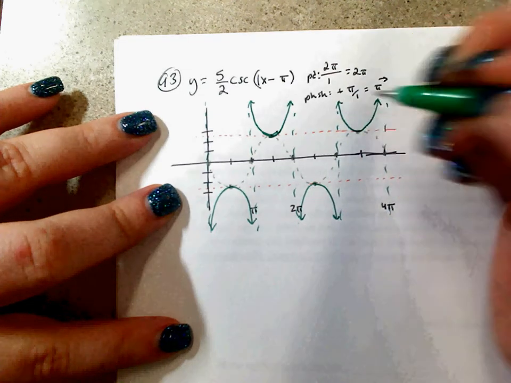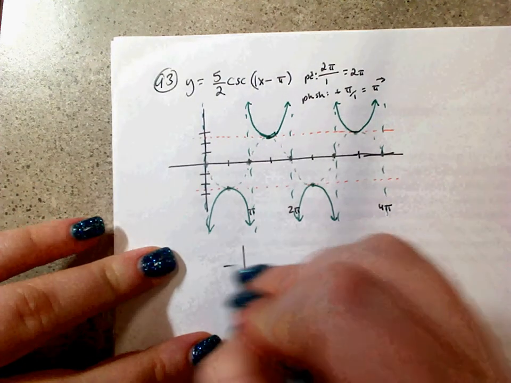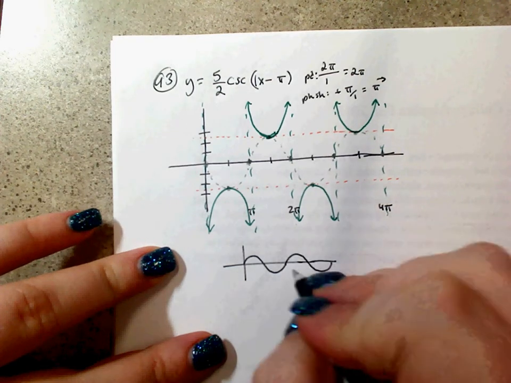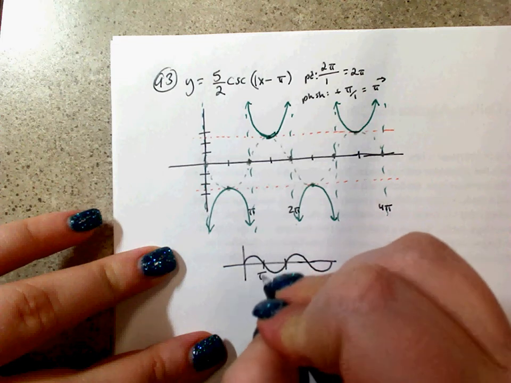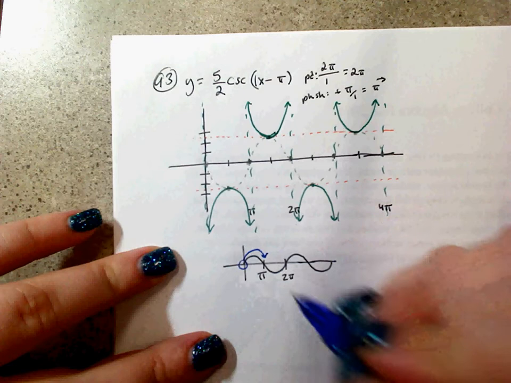And there you go. Okay. So just this little sine. This is 2 pi. This is pi. And this point right here. Just to that point right there.